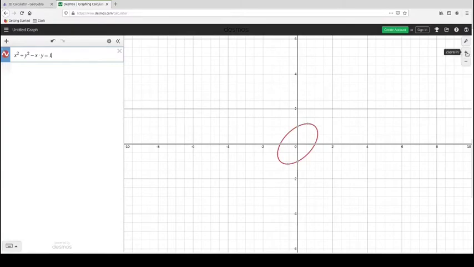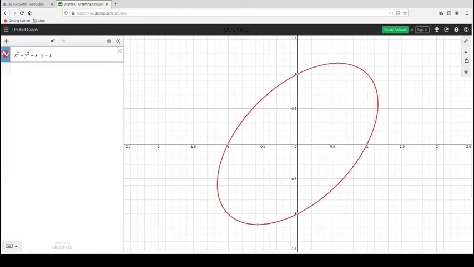And you can see that it's an ellipse that's rotated in some sense. So all of these points on this curve right here exactly correspond to this shape. It's a level curve of this function right here.